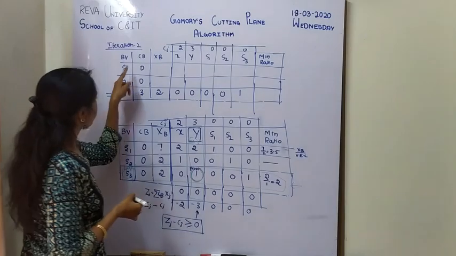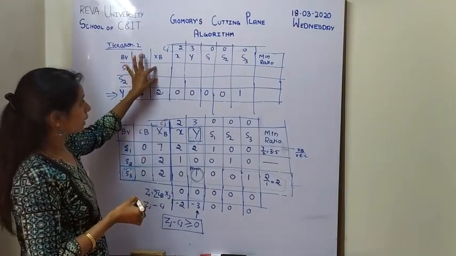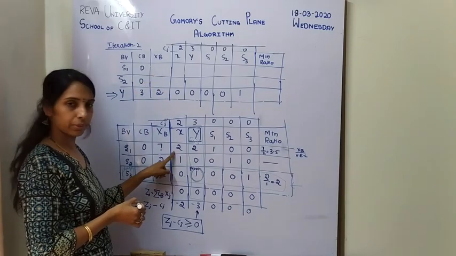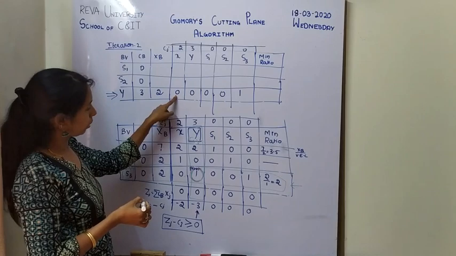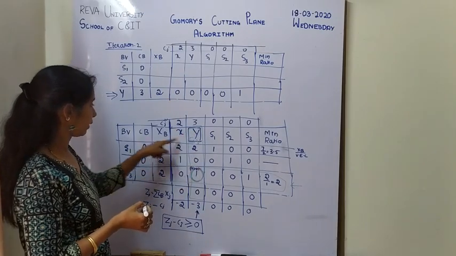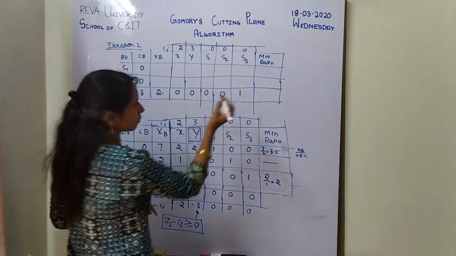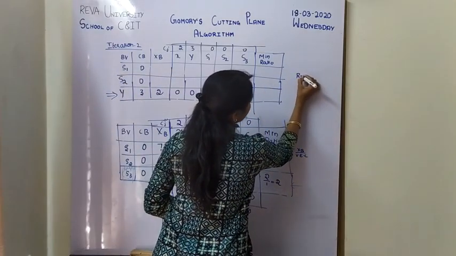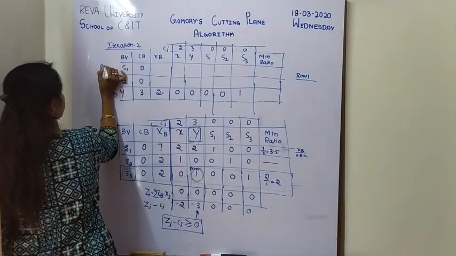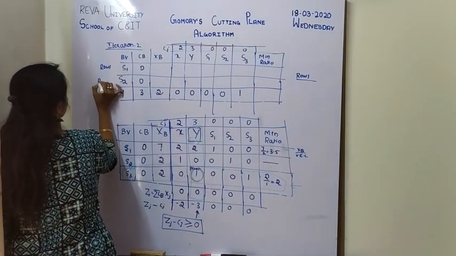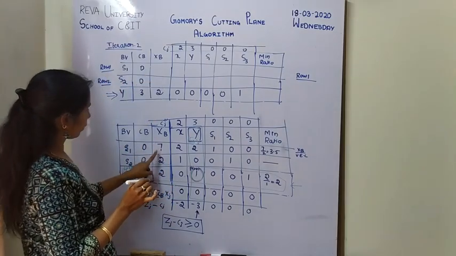Now, to fill the rest of this table, the formula is old value minus new value into the value in the entering column. So, for this row, I'll represent this as row 1, this as row 2. Old value. What is the old value?